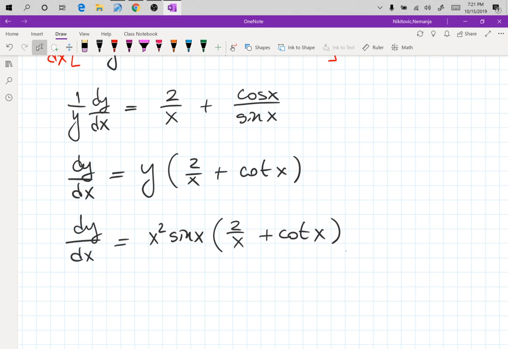Now, let's say you want to simplify this further, which you can. When you multiply, x squared and x will cancel, so you get 2x sine x, plus cotangent is cosine over sine, so sine will cancel, so you just have x squared times cosine x.